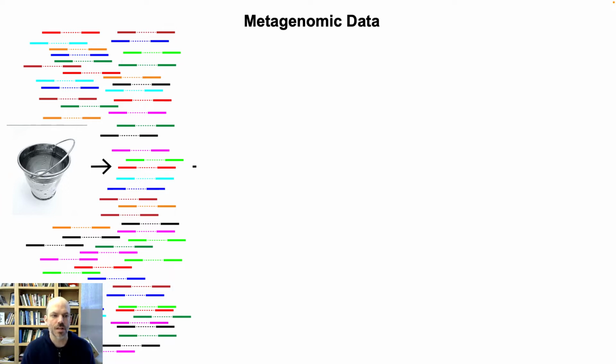What I've drawn here is a strategy that's called paired end sequencing, where each one of these solid bars represents a sequence that is paired to another sequence over some gap. Okay, the gap represented by the dotted lines.